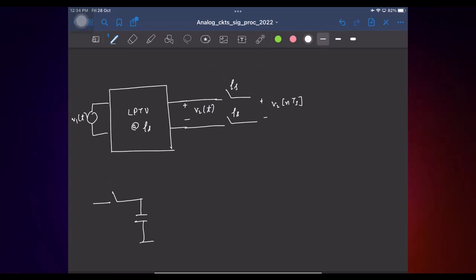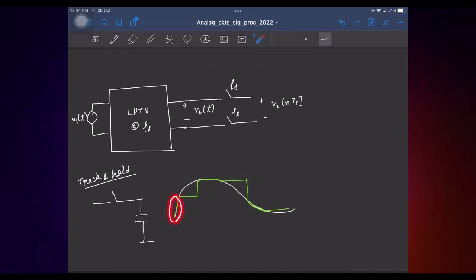If you want to sample a signal, you basically do this, right? So this is a track and hold, where if your input is doing this, when the switch is closed, the capacitor voltage will track. When the switch is open, the capacitor will hold, and it will keep going. And in this circuit, you are not interested in this portion.